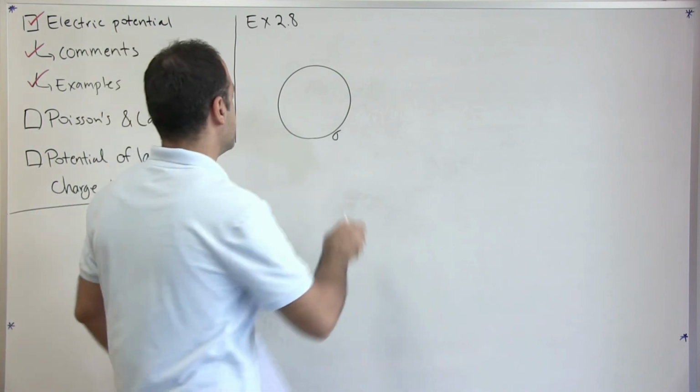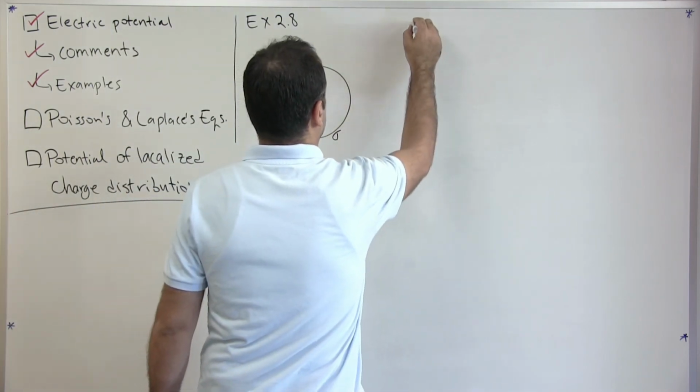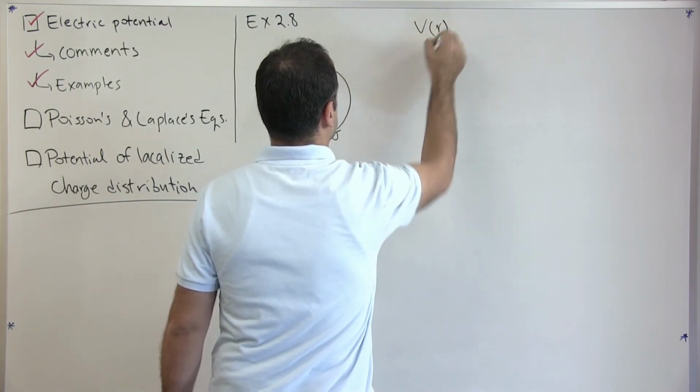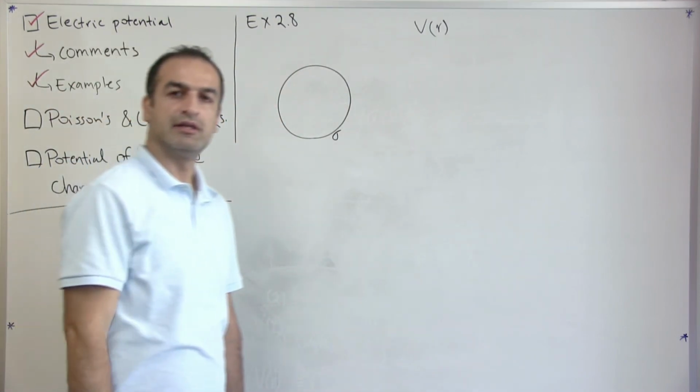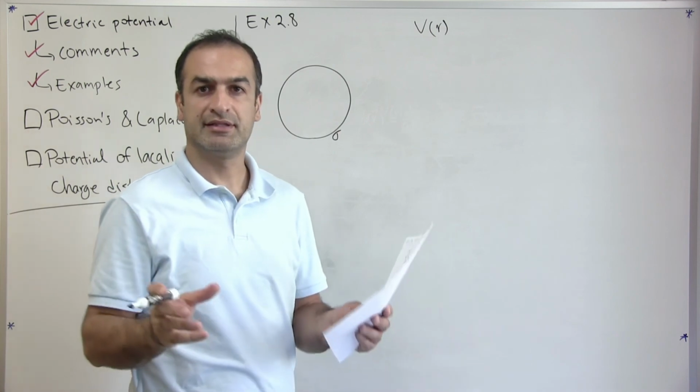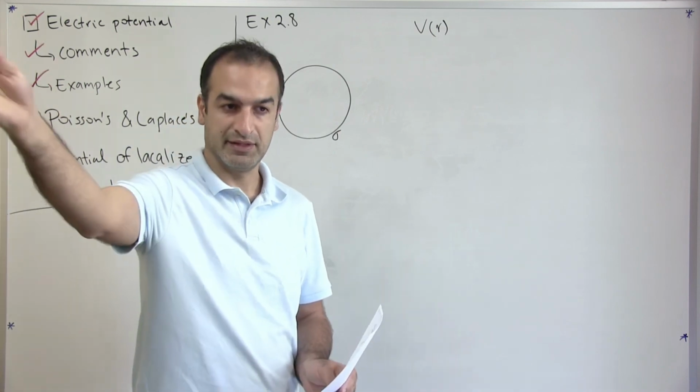The question is, what is the electric potential at distance r from the center of the sphere? We're going to make the same assumption that the electric potential is 0 at infinity.